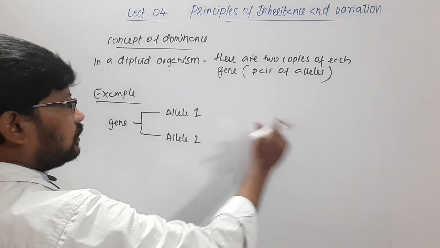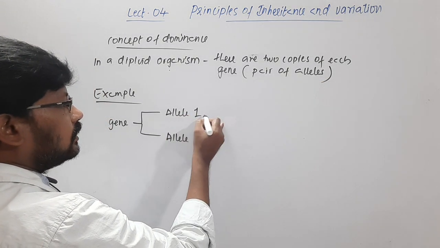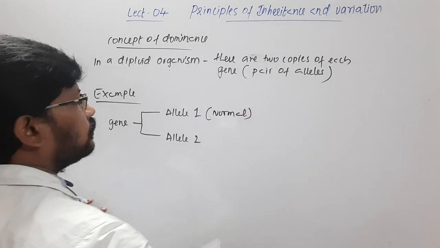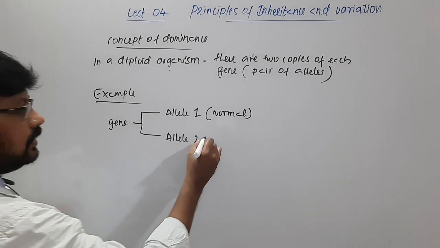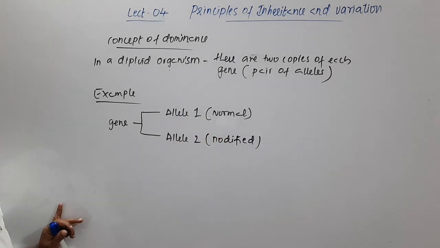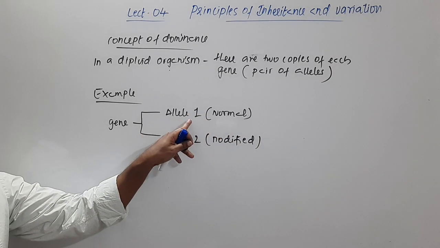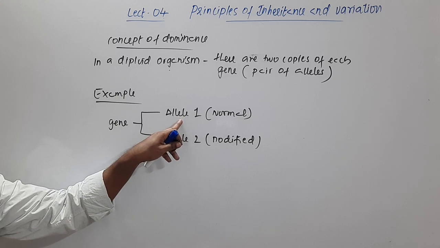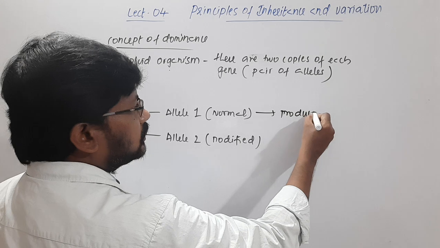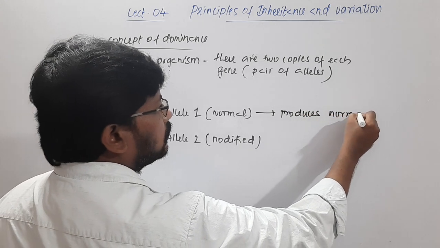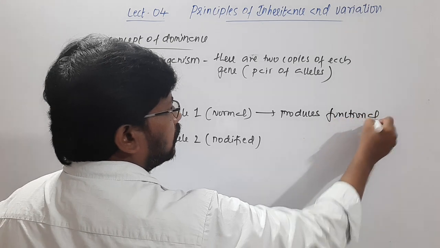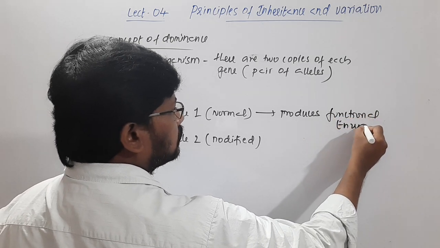Right now, say this one allele is the normal gene, and this is a modified form of the normal one. The normal allele will produce functional enzyme.